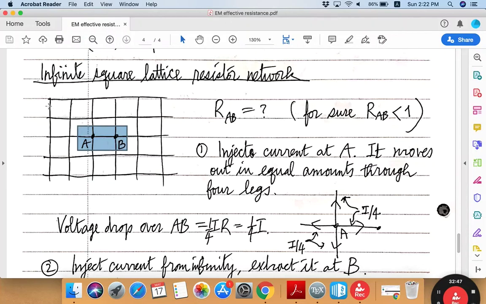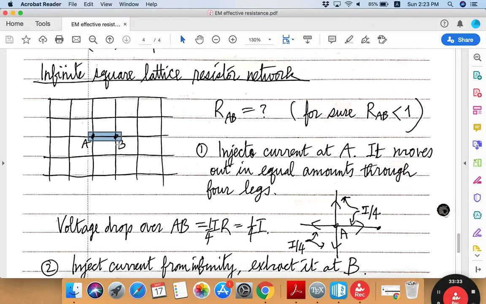Of course, if you only have these 2 points and a single resistor connecting them, then the resistance by definition is 1, because we're going to assume that every segment is a resistor with a resistance of 1 ohm. But these 2 points are connected not only by the segment joining them, but by a whole lot of other segments. So it's like having this wire connected in parallel with many other wires.